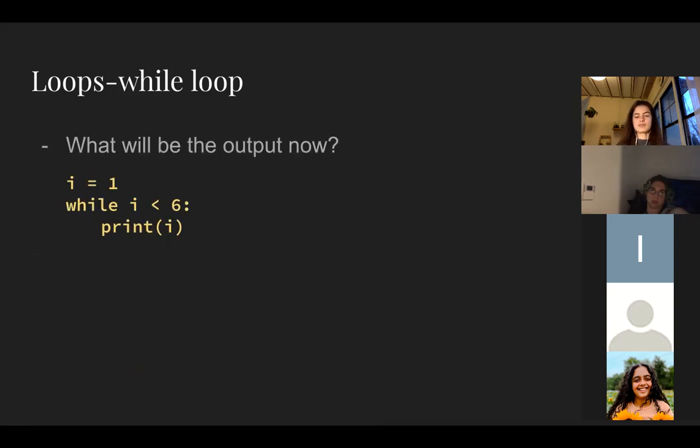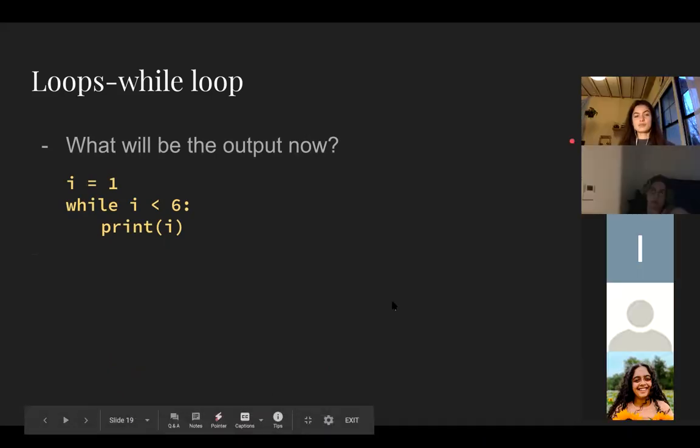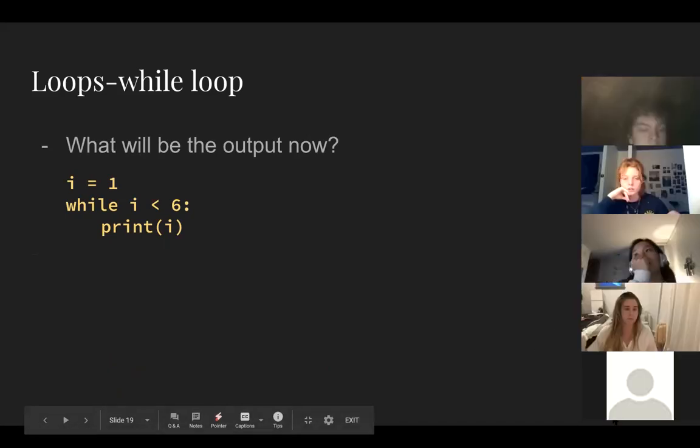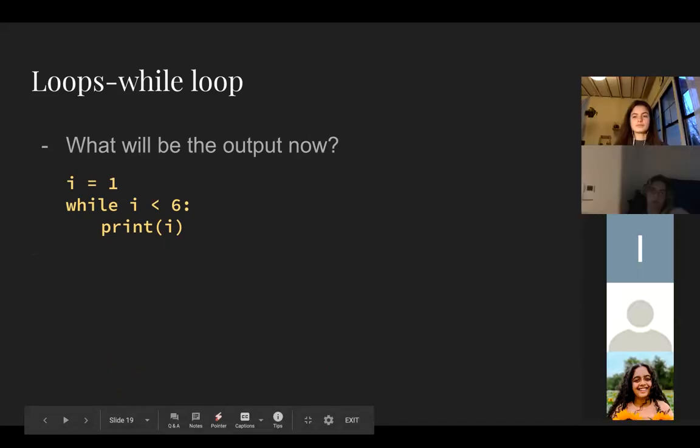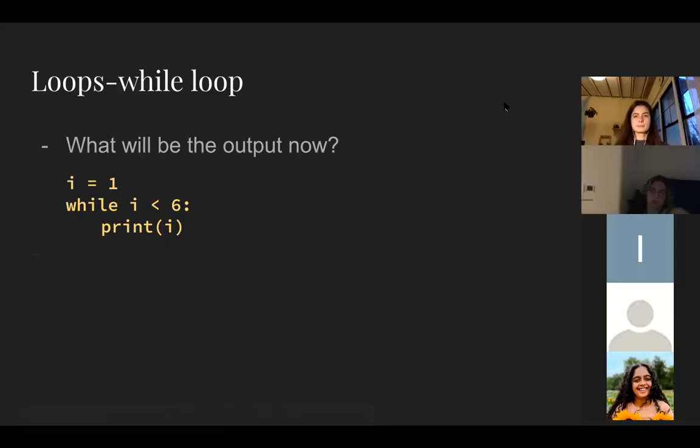So now we have this example right here. We have while i equals 1, while i is less than 6, print i. Does anyone have any ideas what will happen if we run this example? Run this code in Python. Yeah, exactly, Derek. It'll just print ones forever.